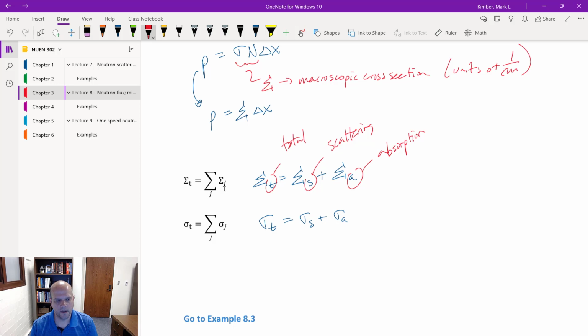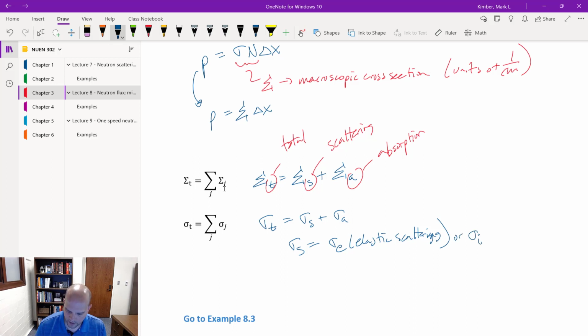Each one of those two has some subcategories of what happens after that. The scattering could be elastic or inelastic. So sigma s, that scattering cross-section, is going to be comprised of an elastic scattering, where I don't have any change in mass, the momentum's conserved, the mass is conserved. Or I could have sigma i, which is my inelastic: I have a neutron coming out, but I gave some of the energy to the nucleus, and it becomes excited.